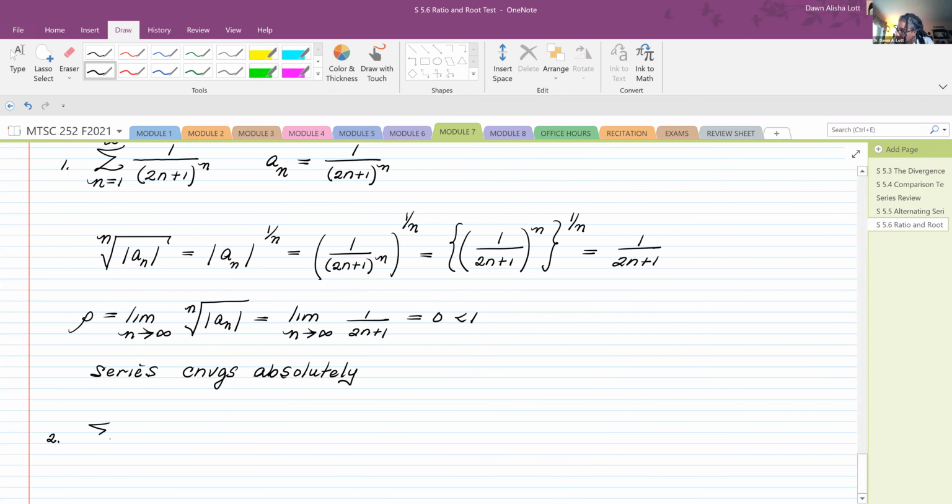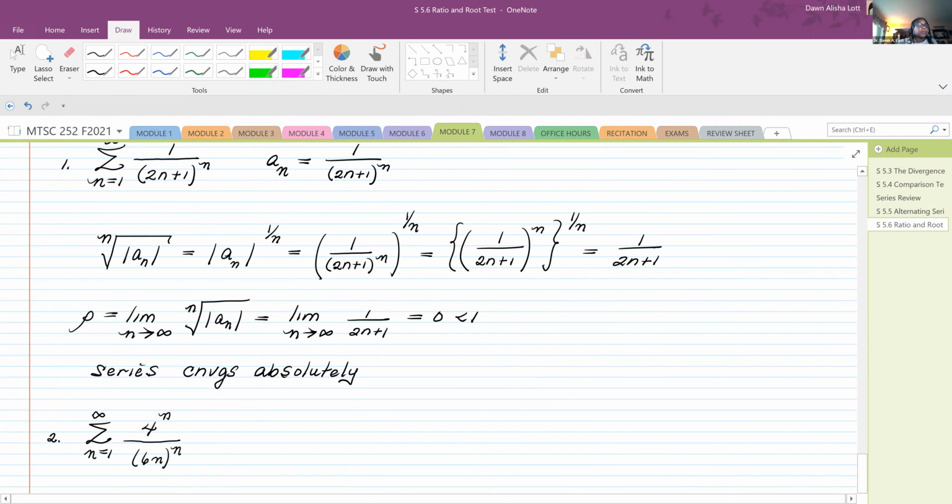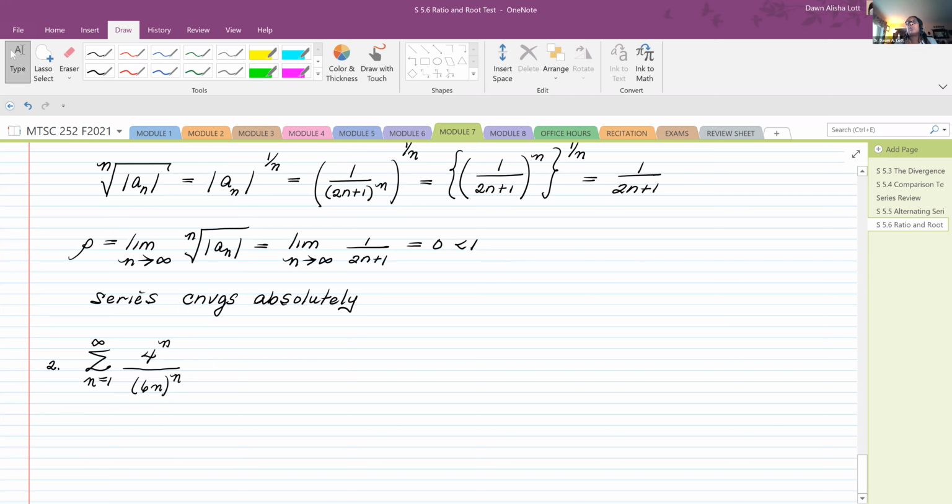The summation n equals 1 to infinity of 4 to the n over (6n) to the n. Okay, I'm going to let y'all do that one on your own. It diverges.